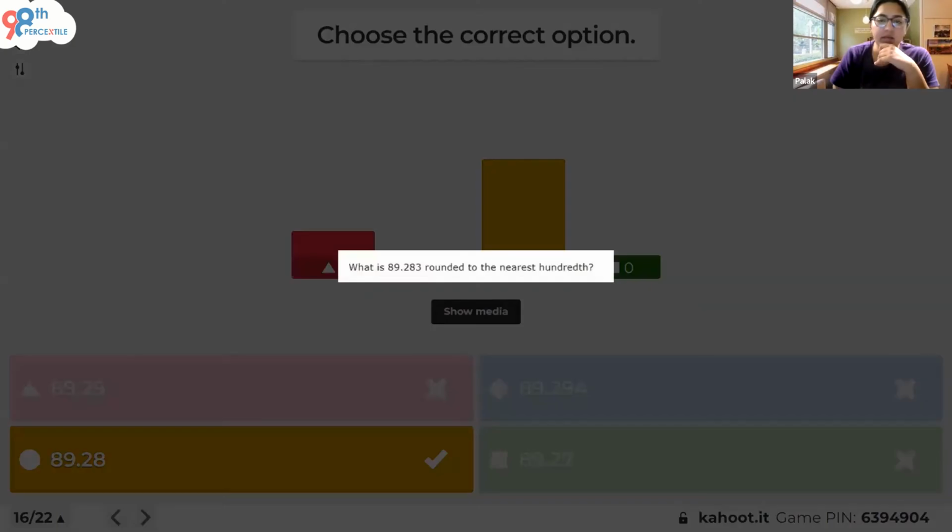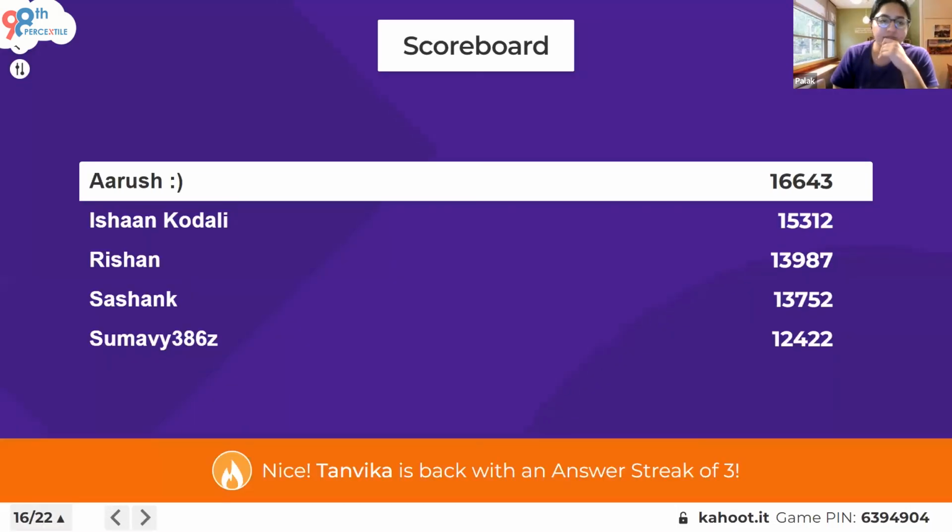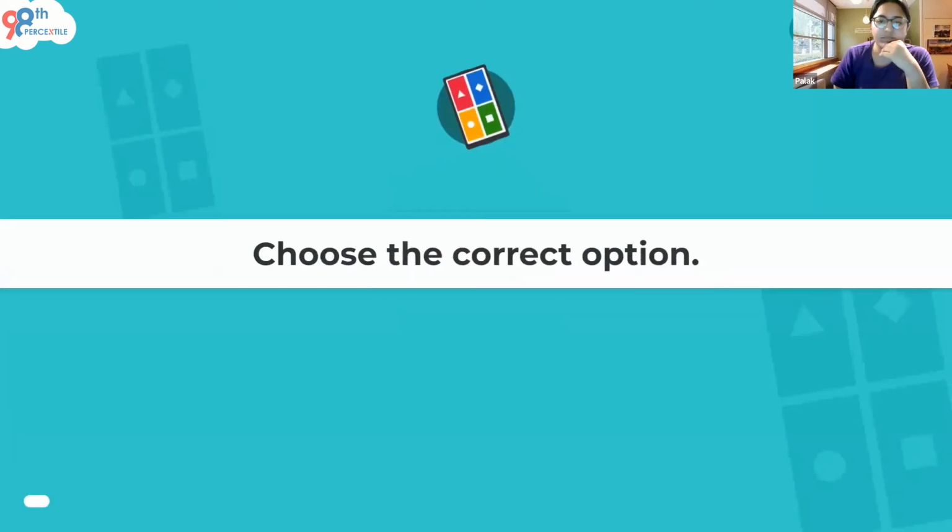So 89.283 rounded off to the nearest hundredth. For the hundredth, like I said, we need to look at the thousandth position, which is lesser than 5. So 8 is going to remain intact and 3 is just scrapped off. Okay, that's nice to know. So there's only a change in the scores that you people have received. Otherwise, the entire scoreboard looks the same.